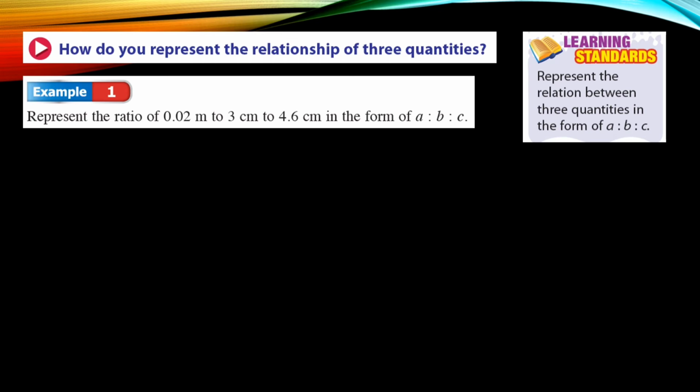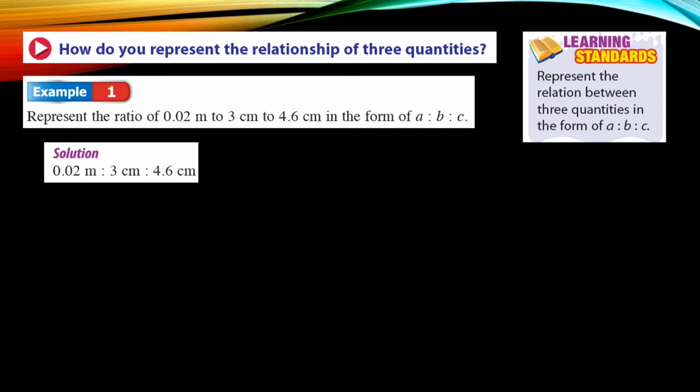Represent the ratio of 0.02 meter to 3 centimeter to 4.6 centimeter in the form of A ratio B ratio C. Solution: first we write 0.02 meter ratio 3 centimeter ratio 4.6 centimeter. We can see that the units are different, so we need to convert the units so all three are the same.